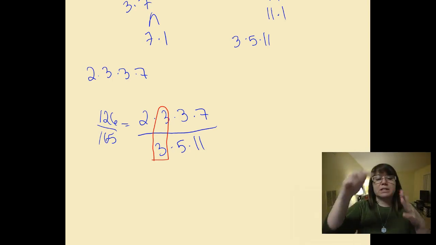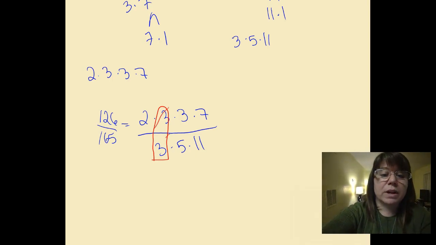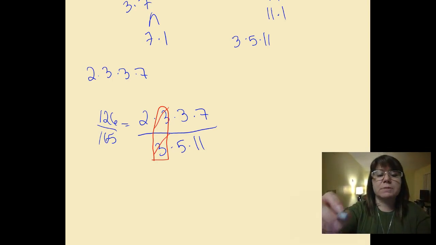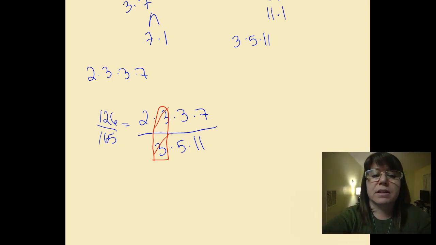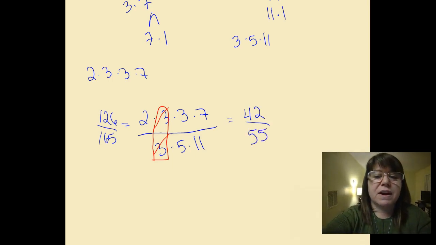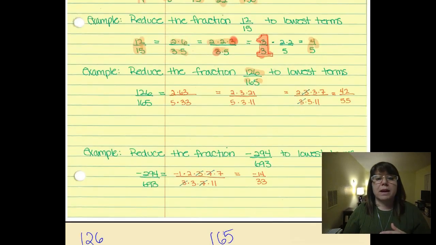Well, a 3 over 3 is just a big fat 1. Therefore, we can cancel those out. That leaves me with 2 times 3 is 6, 6 times 7 is 42. 5 times 11 is 55, and I'm done. So 42 over 55 will be the reduced fraction.